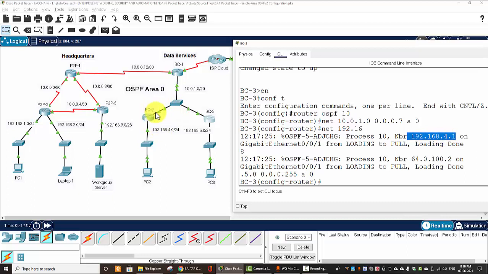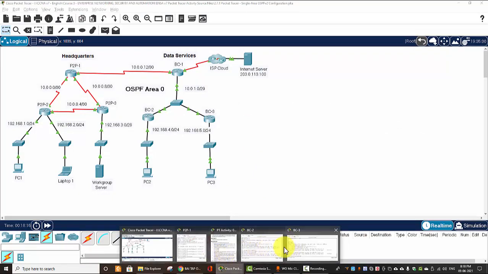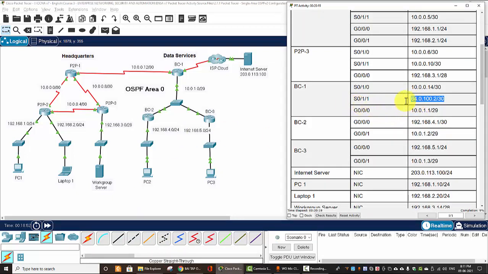This one is BC2, and this one is the neighbor. We check for the router and its IP address. It's the IP address of the BC1 router. So OSPF will take the highest IP address for the router ID.